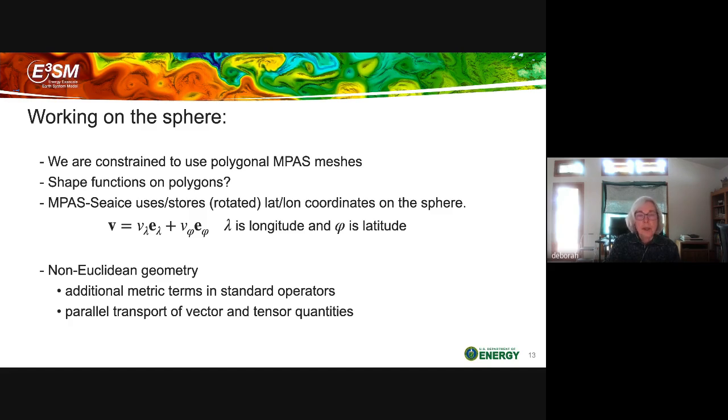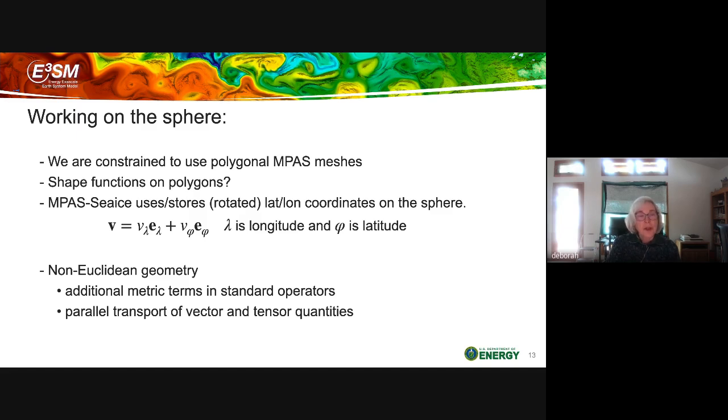The other thing is that we're working on the sphere, so we're working in spherical coordinates, and in particular, lat-long coordinates. And these are actually rotated lat-long coordinates, so the pole of our coordinate system is on the equator rather than at the north and south pole, so that we minimize the effect of metric terms in the actual polar regions on the Earth.